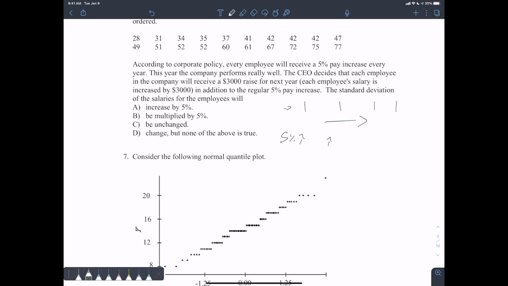They are making more money per year, and so it's going to skew the data in a direction that is not going to be static in each way. So the upper ranges of this data are going to spread farther apart, and the lower ranges are going to spread apart, but just not as far as the higher ranges. So the standard deviation is also going to follow suit and is going to increase by 5%.